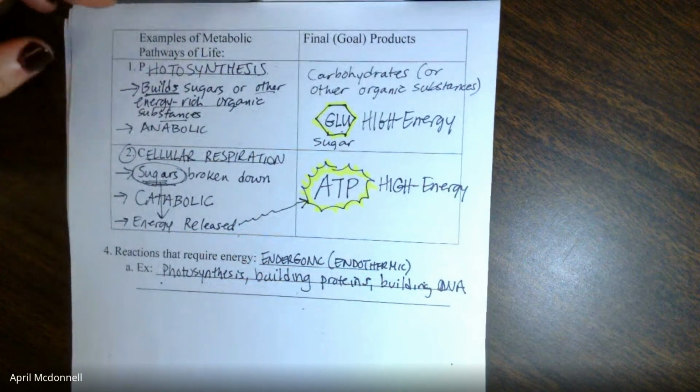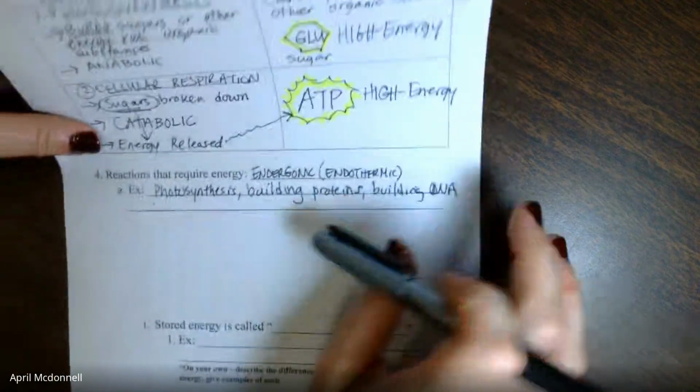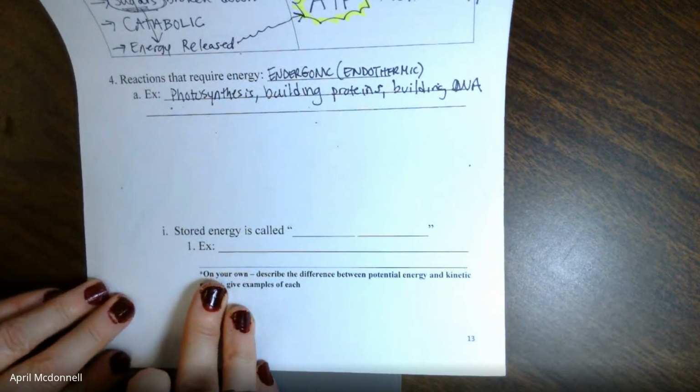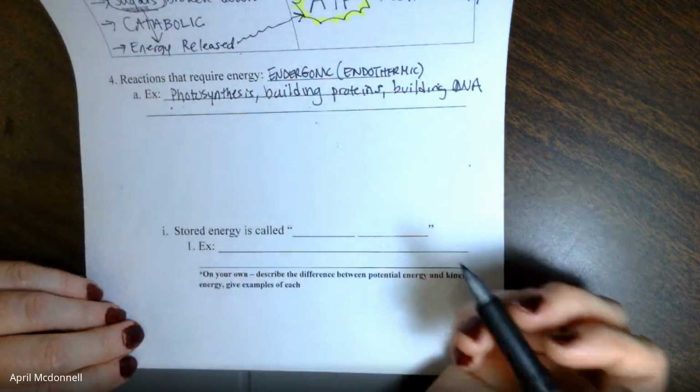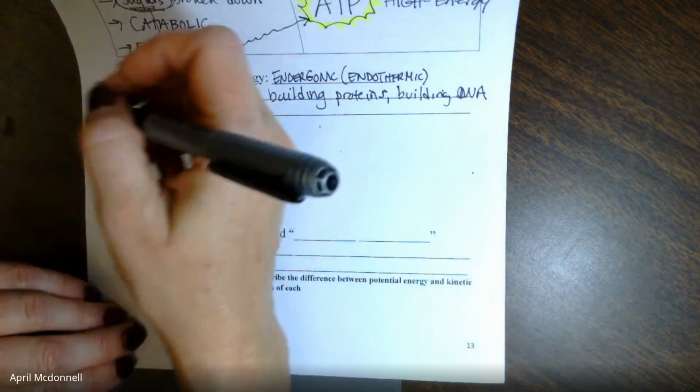Let's go back to our example of photosynthesis to show what an endergonic reaction is. In order to show the example, we need to give the very basic equation of photosynthesis.